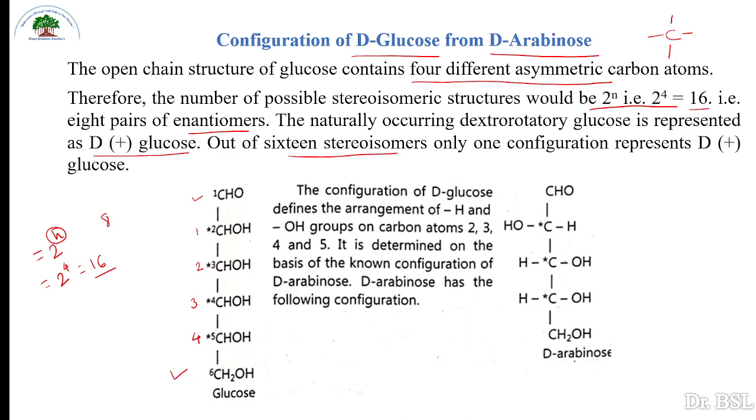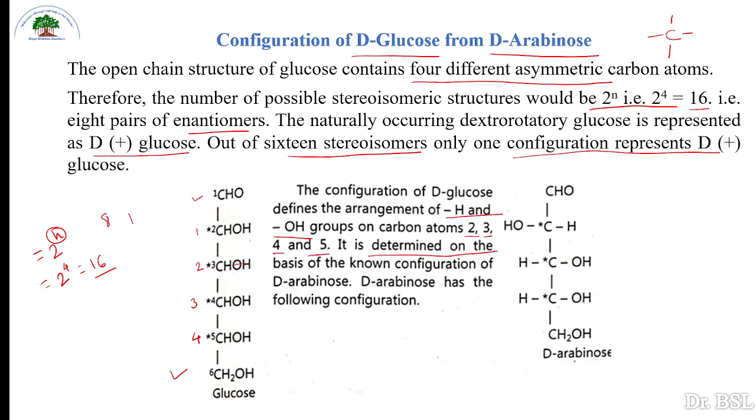Out of 16 stereoisomers, only one structure represents D plus glucose. So the configuration of D-glucose defines the arrangement of hydrogen and hydroxide, that is H and OH groups, on carbon atoms 2, 3, 4 and 5.